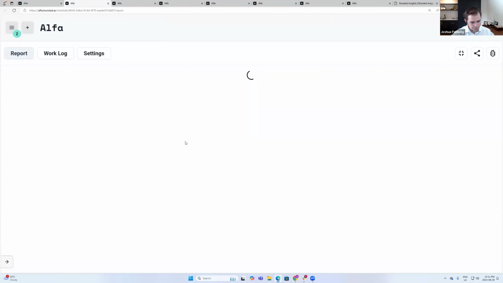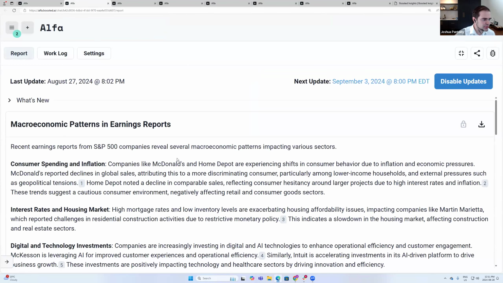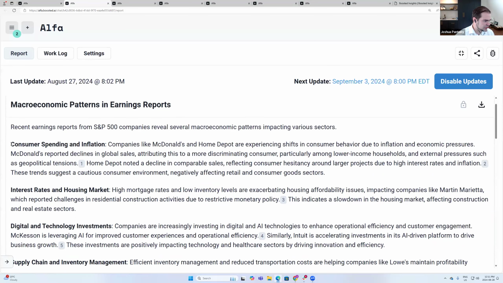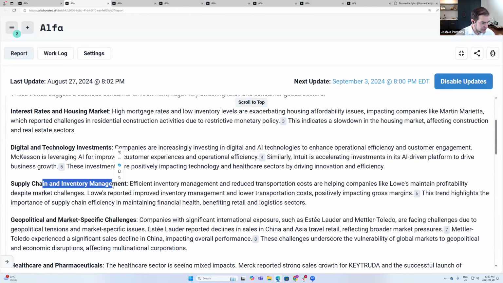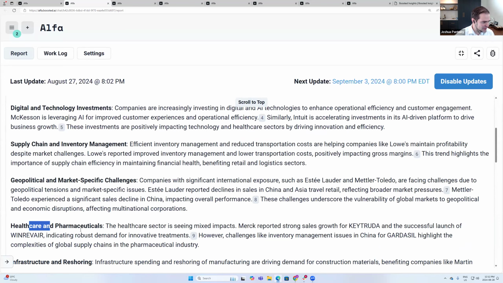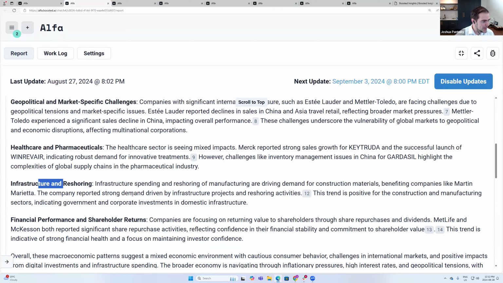And so for this first one, as an example, this was going through and reading through every company in the S&P 500, and it's looking for what it thinks the biggest emerging macro trends are over the most recent earnings cycle. The biggest things it found were consumer spending and inflation, interest rates in the housing market, digital technology advances, supply chain and inventory management, geopolitical and market-specific challenges, healthcare, pharmaceuticals, infrastructure, reshoring, et cetera.